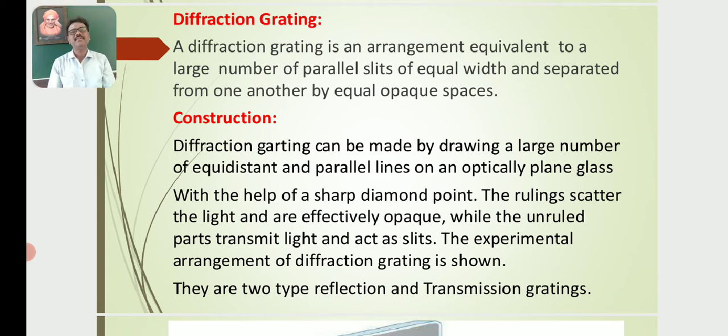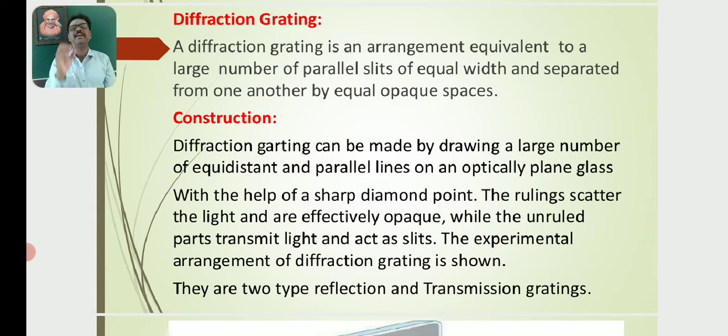Already we have discussed the diffraction pattern in the case of a single slit and in the case of double slits. Similarly, this system consists of a large number of parallel slits, all of equal width and separated by equal opaque spaces, so it is called a diffraction grating.